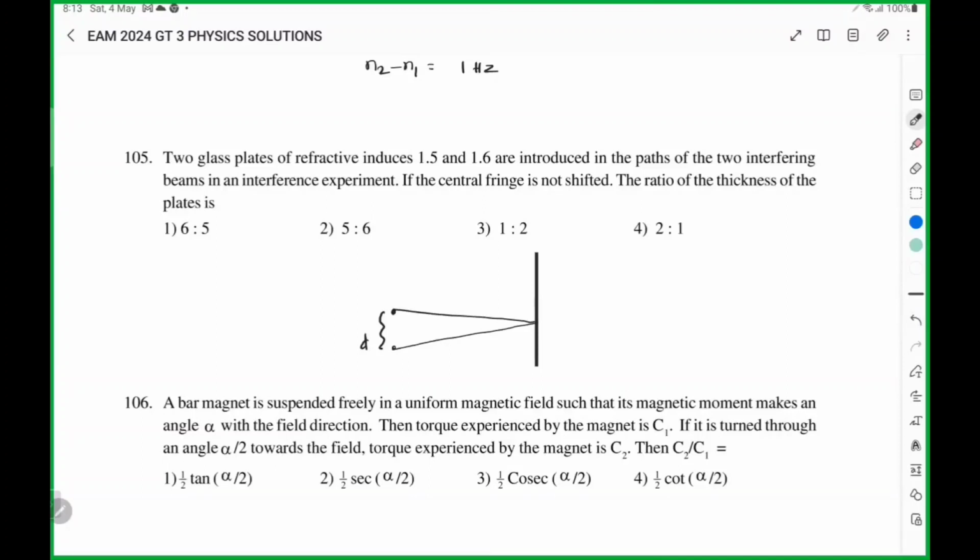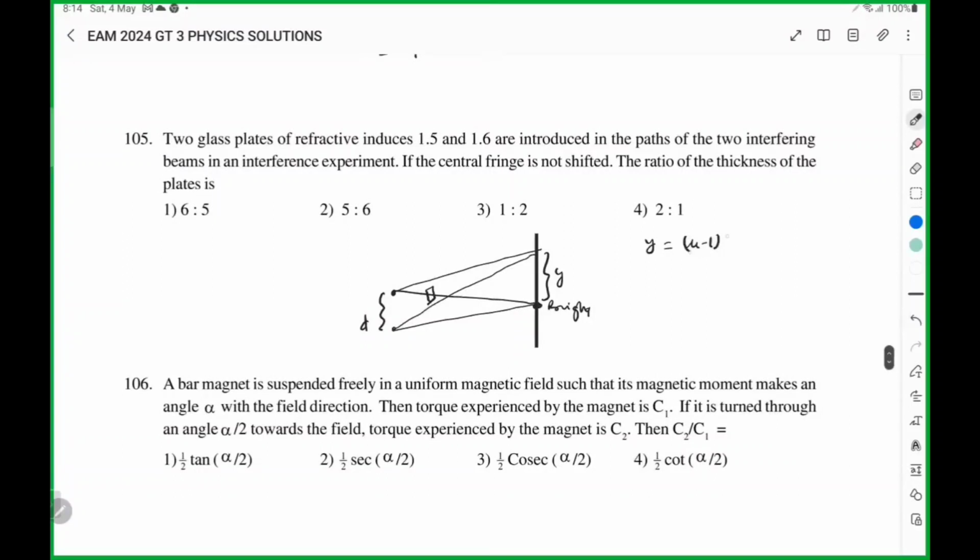Once a glass plate is introduced in the path of light, this bright fringe is shifted by a distance y, that is nothing but (mu minus 1) t1, where t1 is the thickness of one plate, into capital D by d.